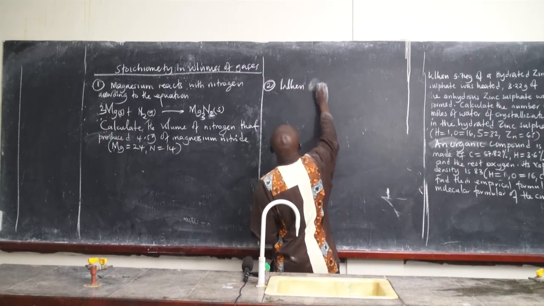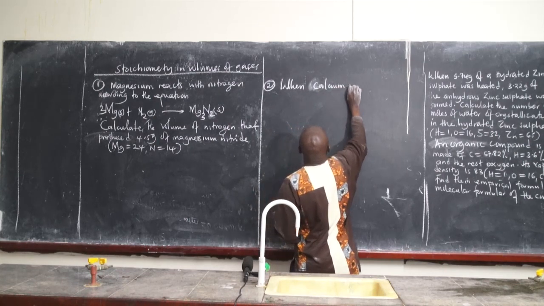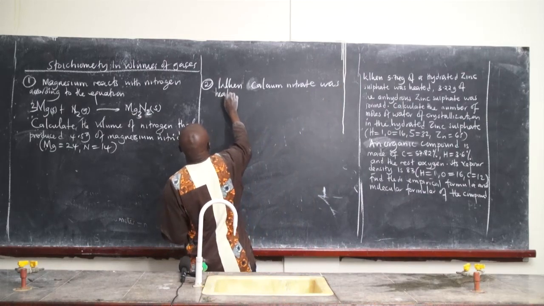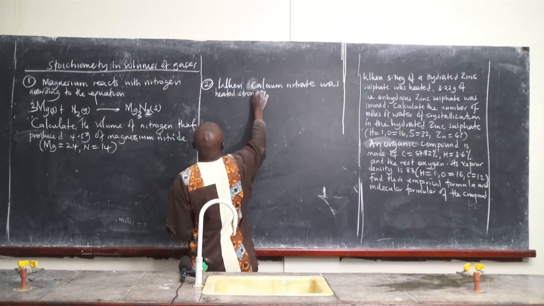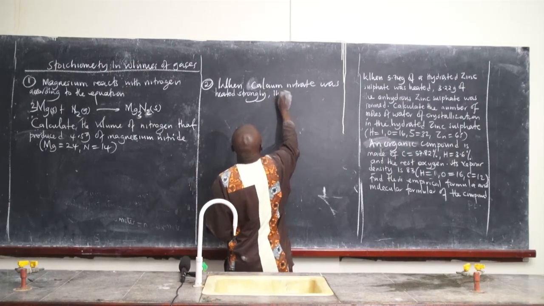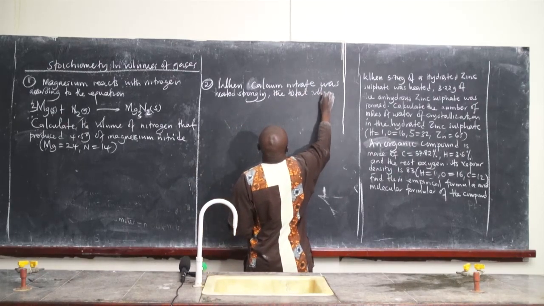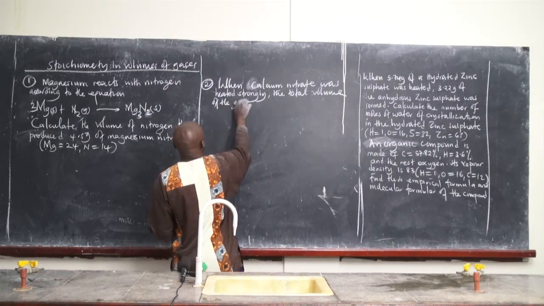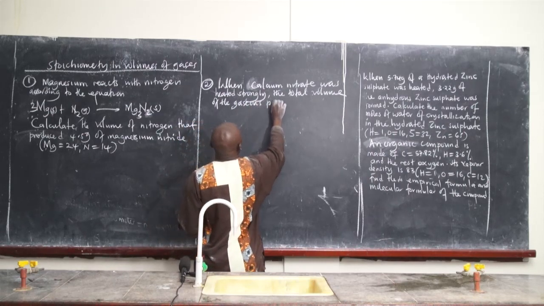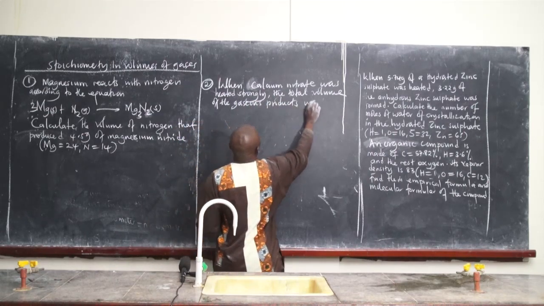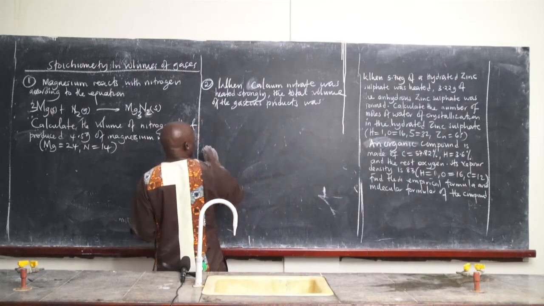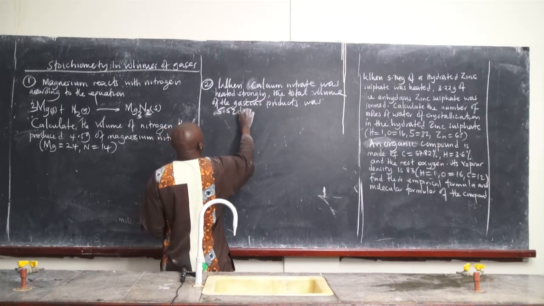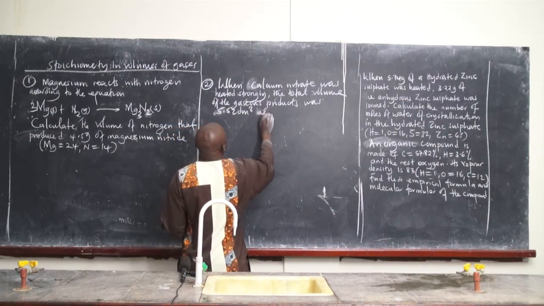When calcium nitrate was heated strongly, the total volume of the gaseous products was 5.52 decimeters cubed at STP.